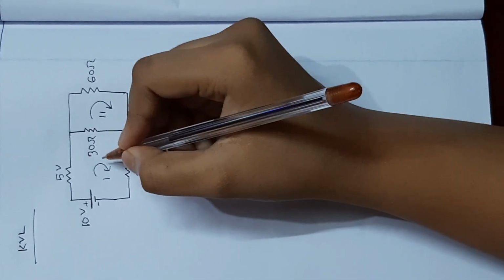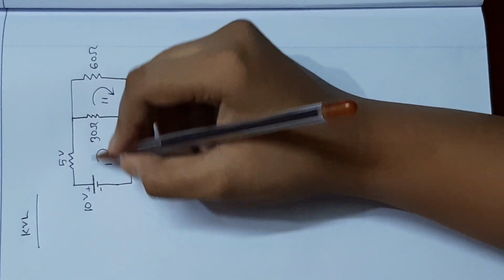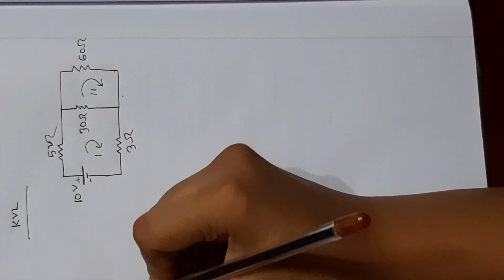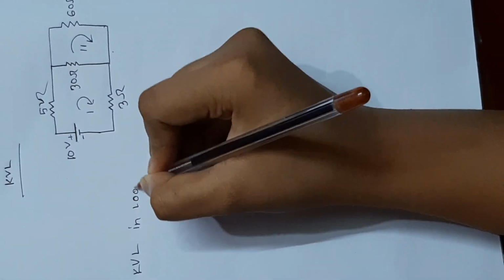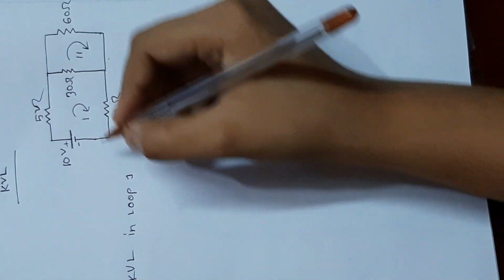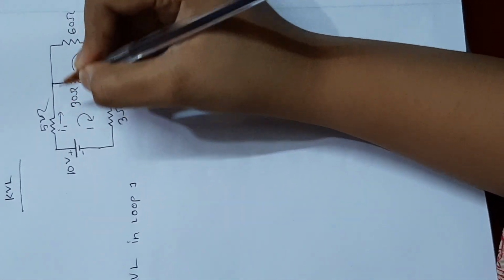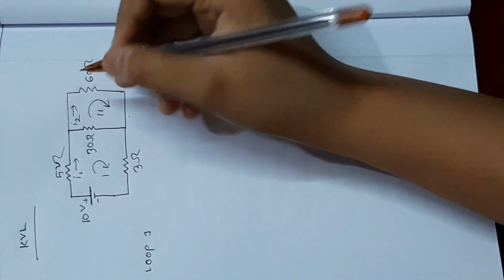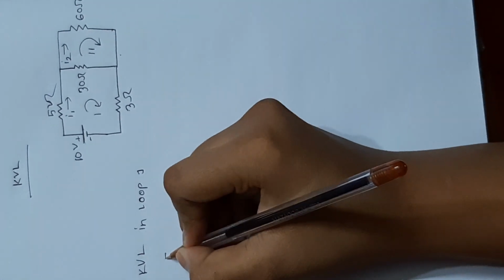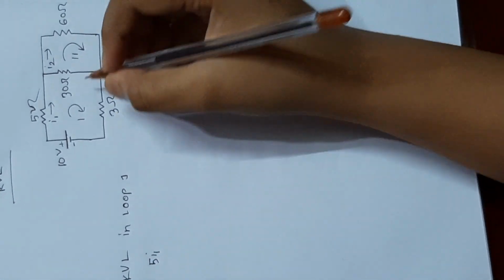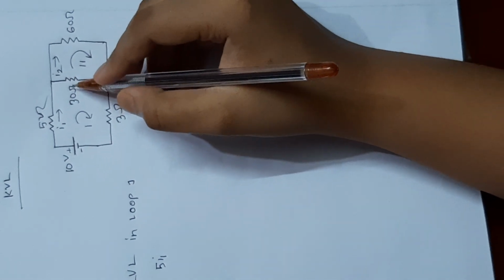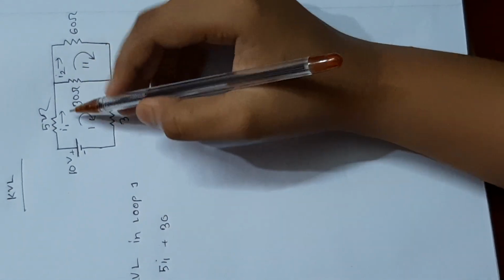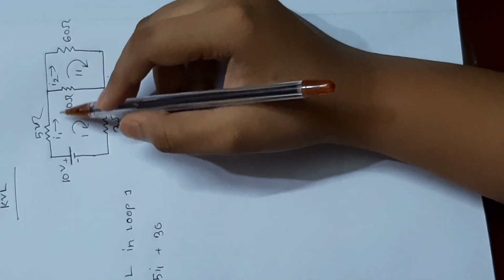So if we apply KVL in this loop, then we can take this is 5 ohm, and let's assume I1 flows through this circuit and I2 flows through this loop, so through the 5 ohm I1 flows, then 5 I1, then in the 30 ohm we can see I1 and I2 both are flowing.